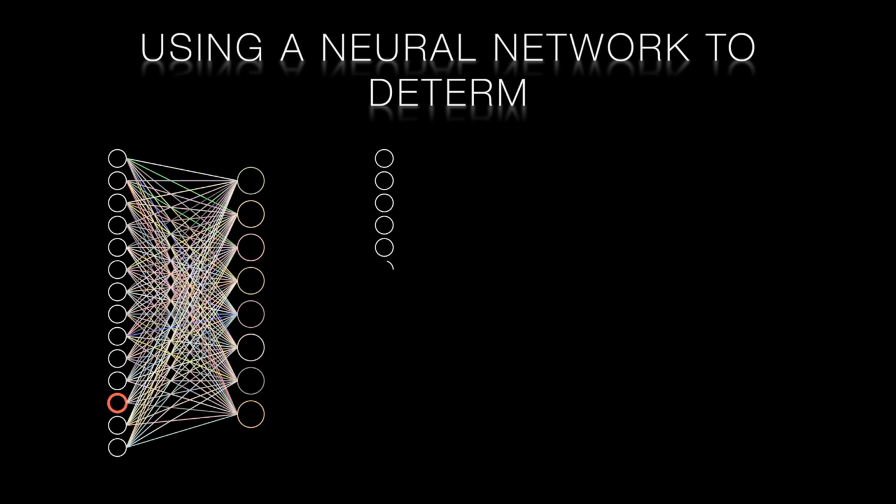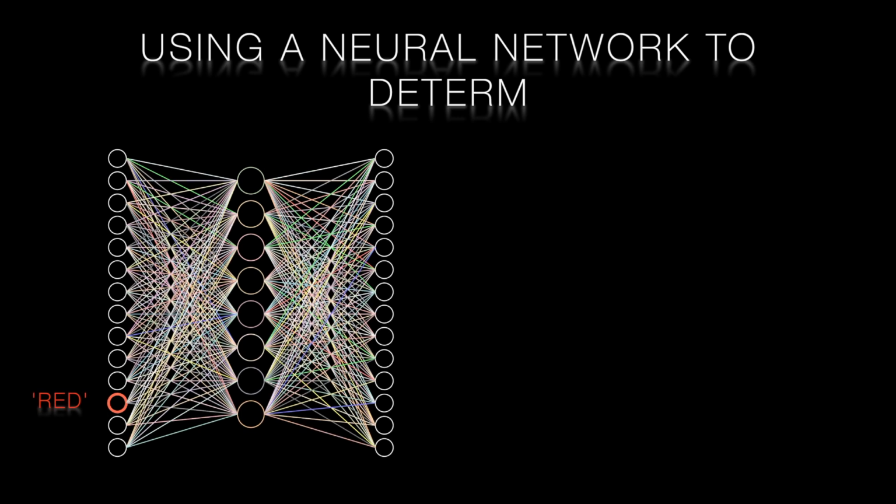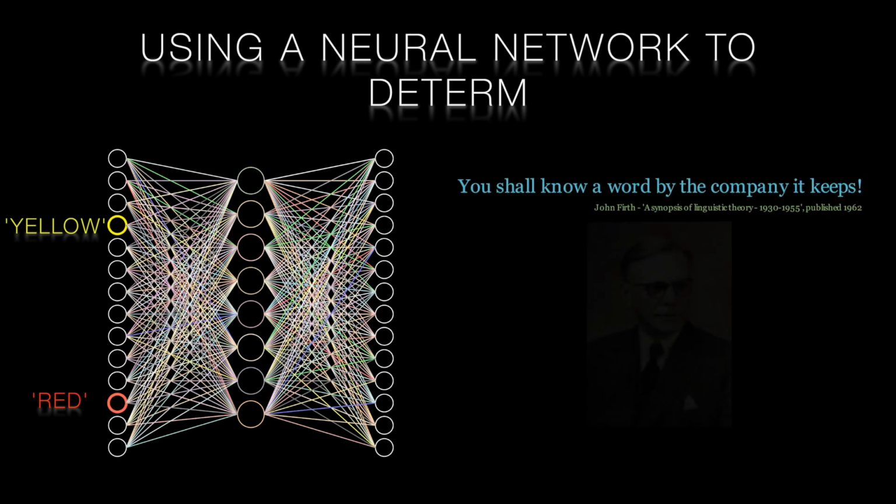For instance, if this is the neuron representing the word red, it will have a set of weights connecting it to the hidden layer. And likewise, if this input neuron represents yellow, it will have its own set of weights. The weights for red and the weights for yellow will be very, very similar. Why is this? Well, as Firth said, we will judge a word by the company it keeps.